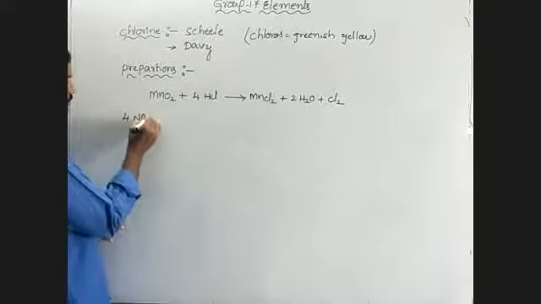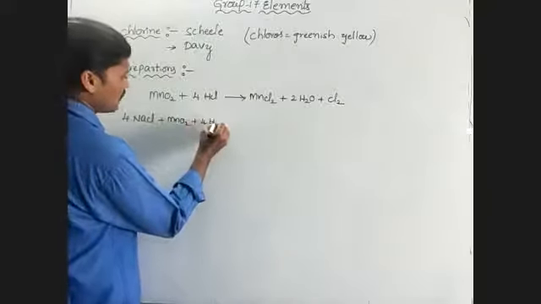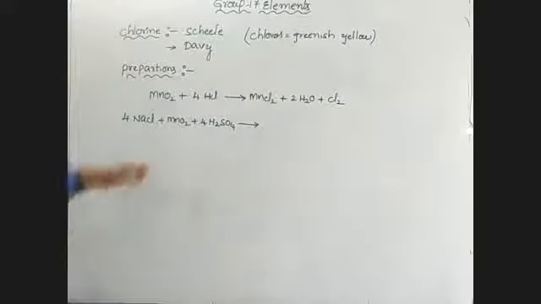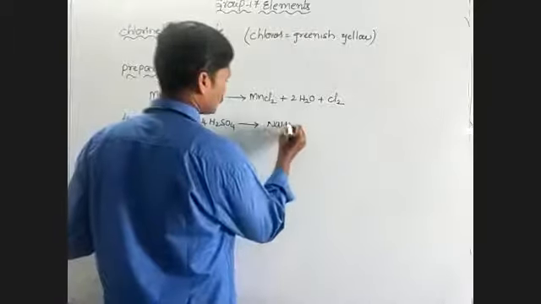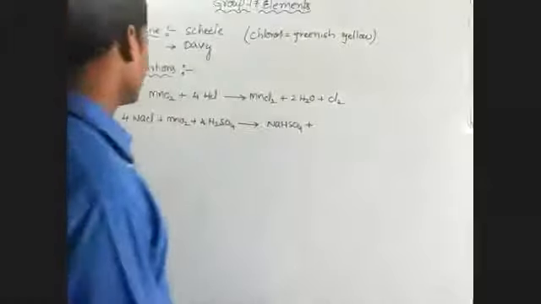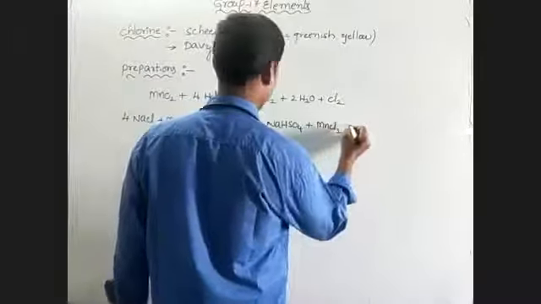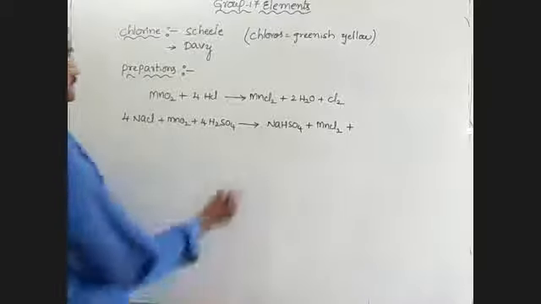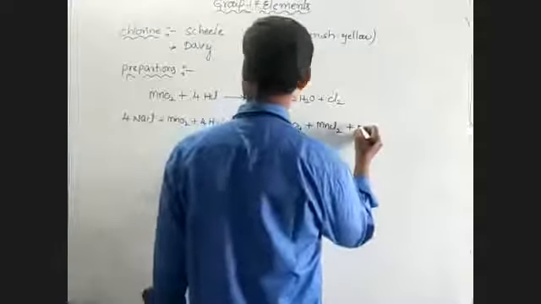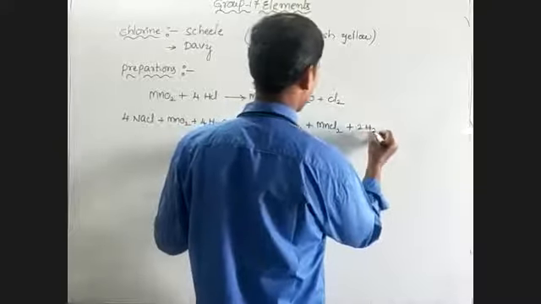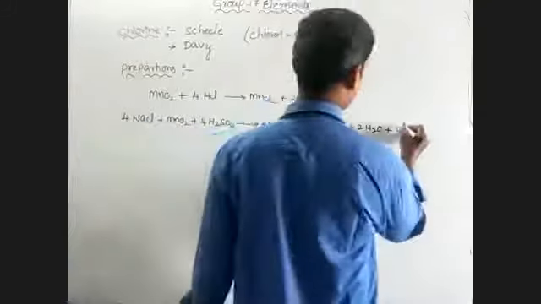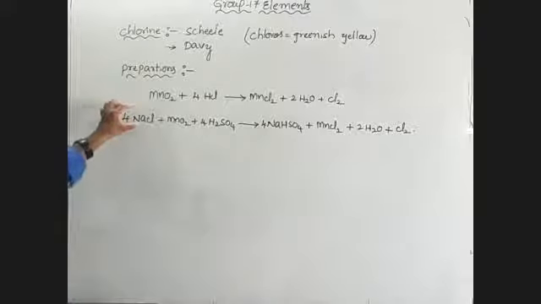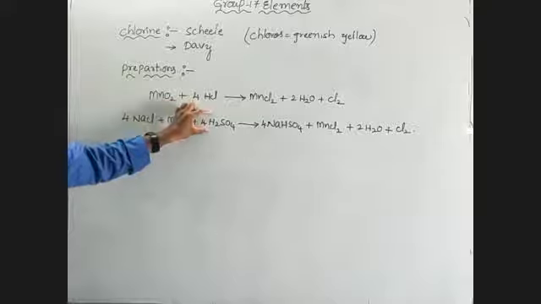That means 4 moles of NaCl, manganese dioxide and sulfuric acid combine with each other.